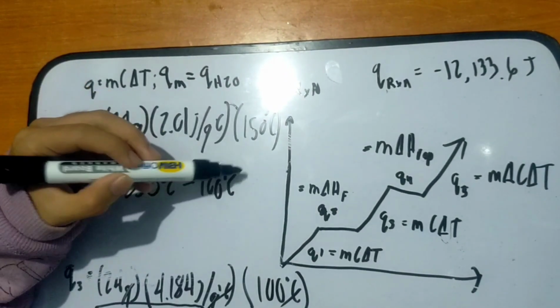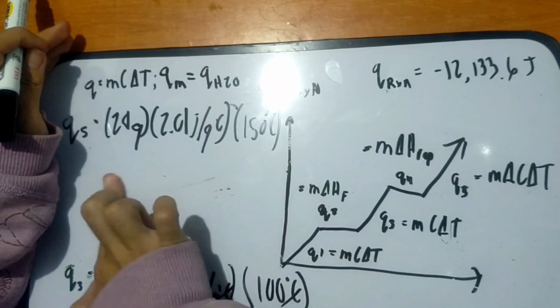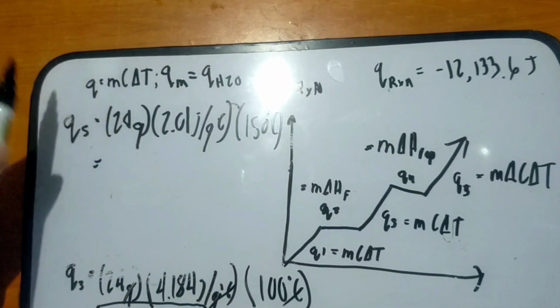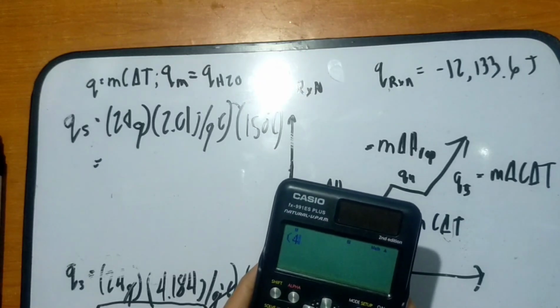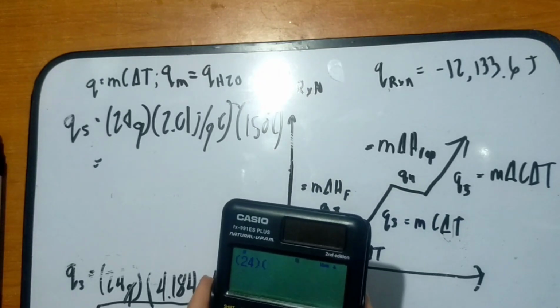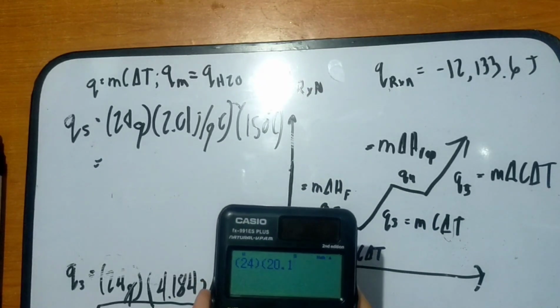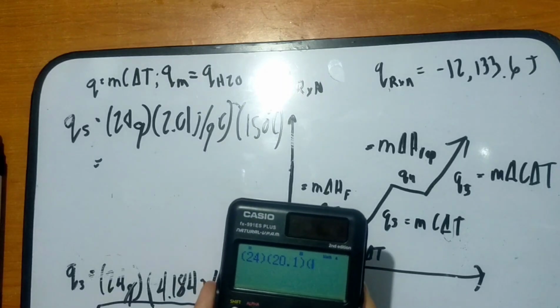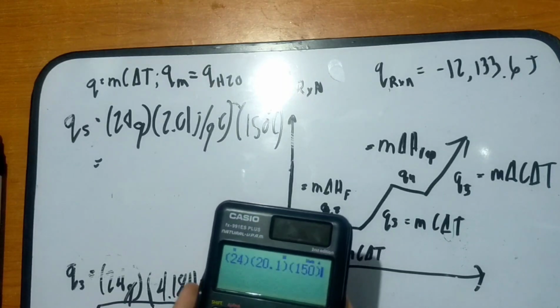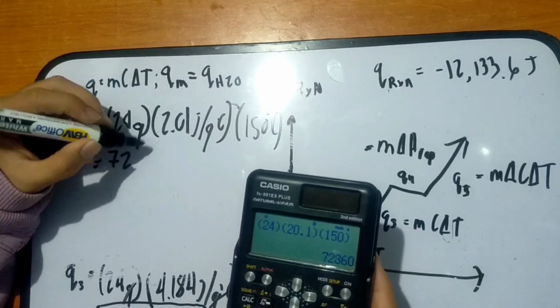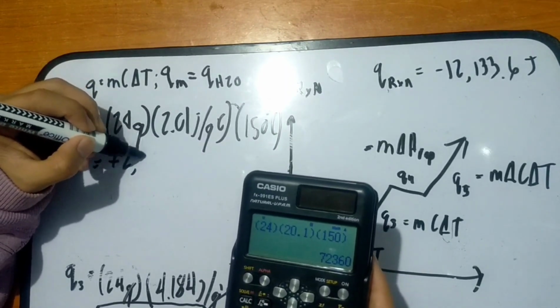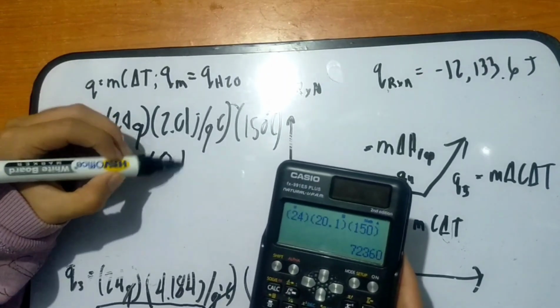So, pinag-minus lang siya, kaya siya naging 150. Now, we solve for it, 24 times 2.01, then 150 degrees Celsius. We now have 7,236 joules.